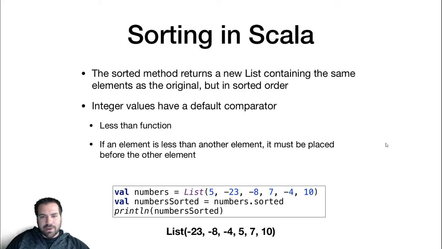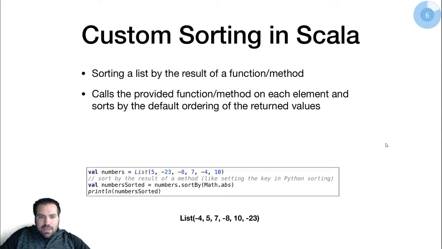And of course, we want to talk about comparators, is what we're leading up to. Here's another way we can sort in Scala. Instead of just saying Scala sort these, we can say Scala sort these by some particular value. We use the sortBy method from the list class for this. We say sortBy and then give it some function that's going to translate the values into other values, and then those values are sorted in their default ordering.